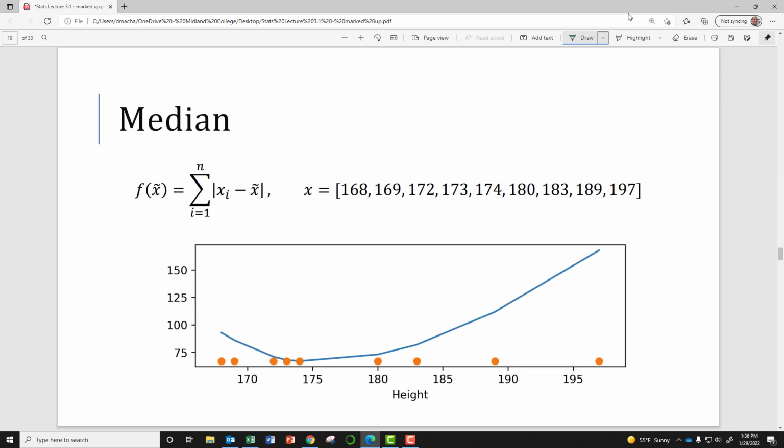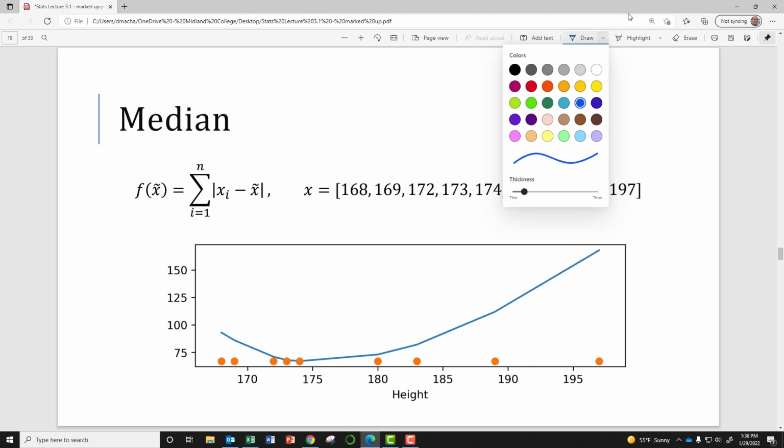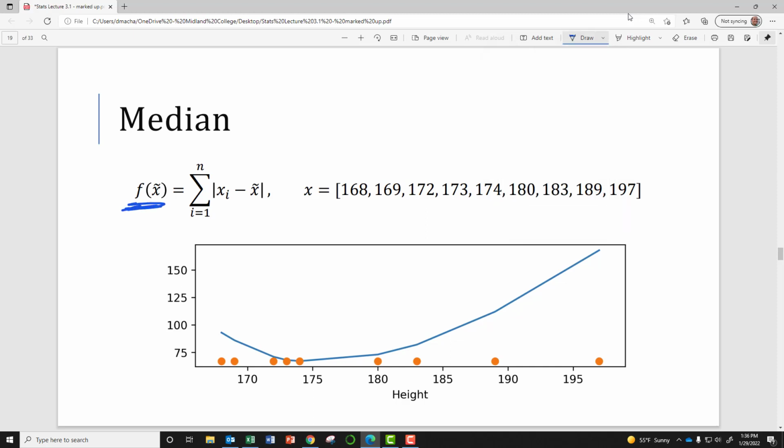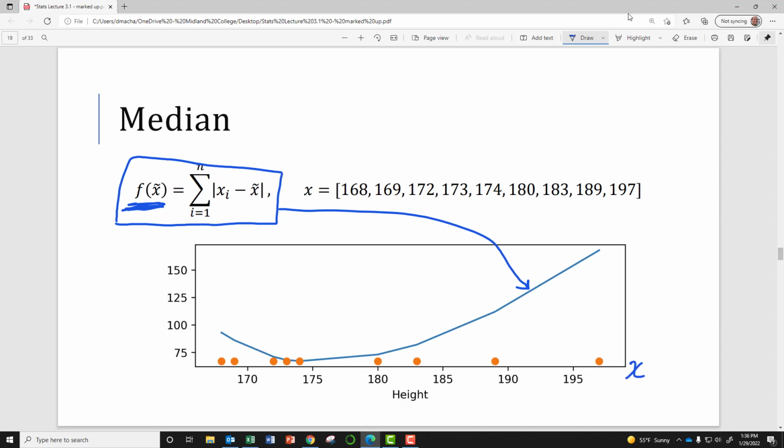So this is what it would look like if I plot this function, which is the sum of all the distances. If I plot this in blue, it would be this curve. And so if I let x tilde take on all of these different values, like if I let x tilde be 195, it would return a certain value for my function, which would be like 150 or so, right?